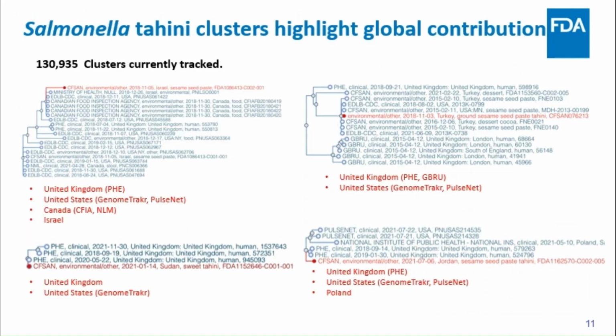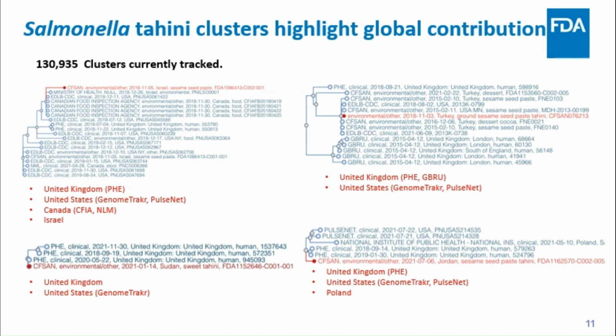Here's an example where I searched on the word tahini and filtered, and these are just a few of the clusters that came up at NCBI Pathogen Detection, but I want you to focus on the upper left side.